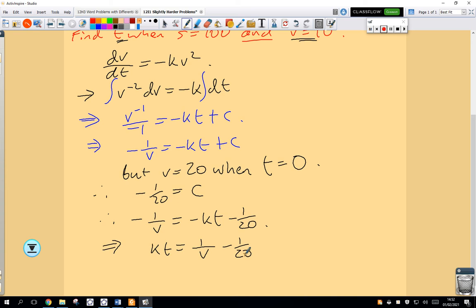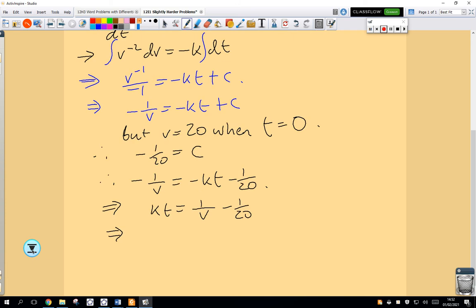Ultimately we're trying to find the time. So the time, dividing on both sides by k, is going to be 1 over v minus 1 over 20, all divided by k. So if I know what k is, I can now solve for t.